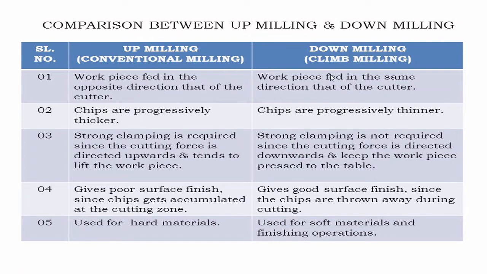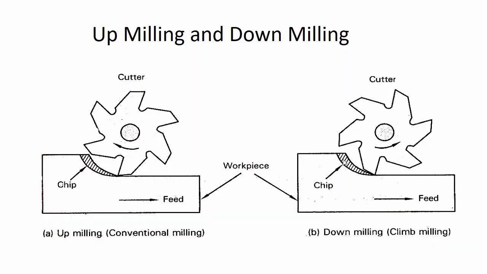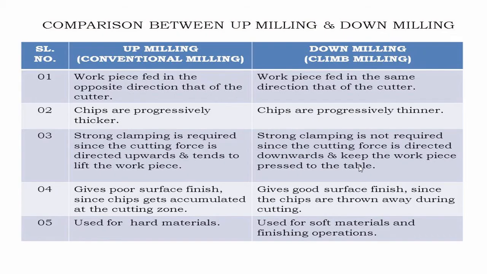Whereas in down milling, you are bringing the workpiece in the same direction as the rotation of the cutter. That is called down milling. As we have already discussed, in up milling there is an increase in the thickness of the chip, whereas in down milling the chip starts gradually decreasing. So chips are progressively smaller or thinner.